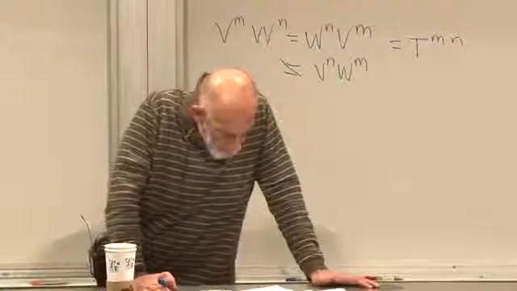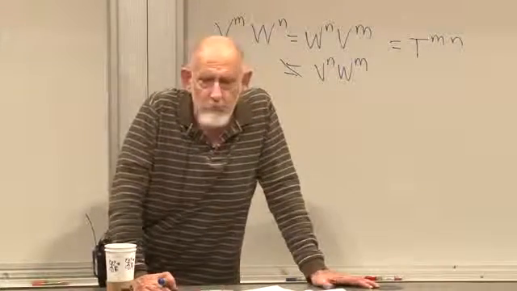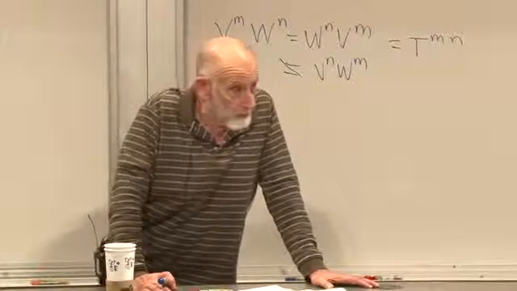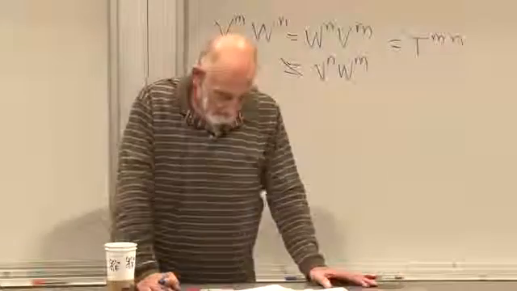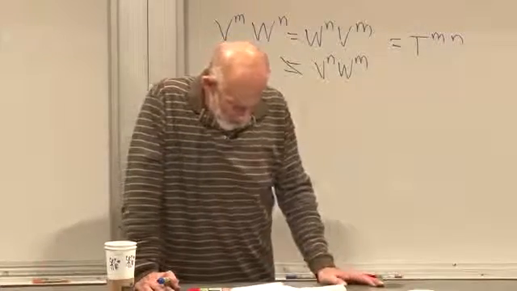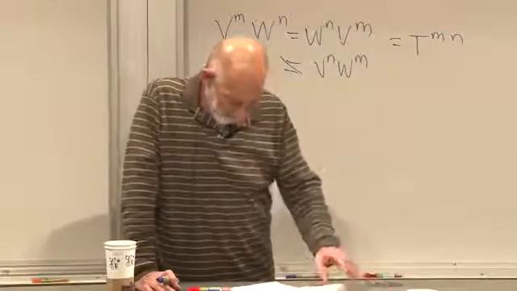There's nothing abnormal about multiplying components of vectors. They are just numbers. And when you multiply two numbers, you can multiply them in any order you like. Same with adding them. Okay, good.